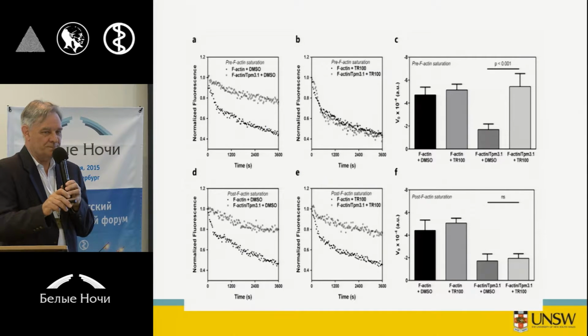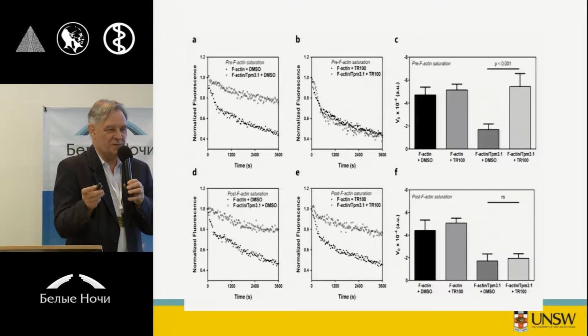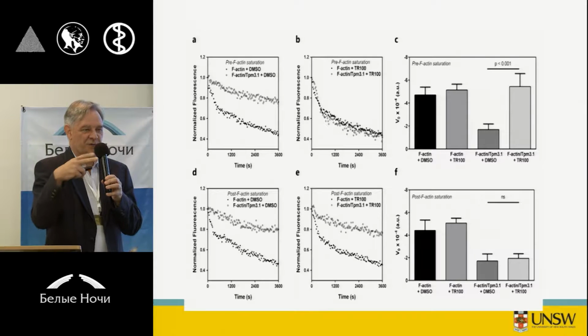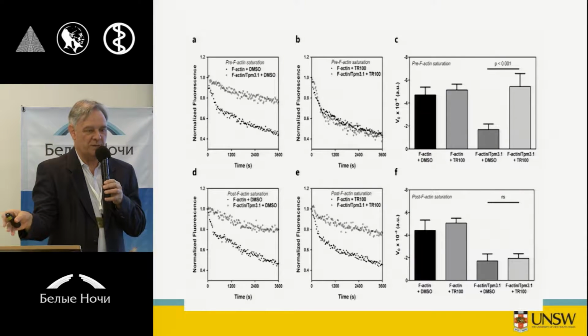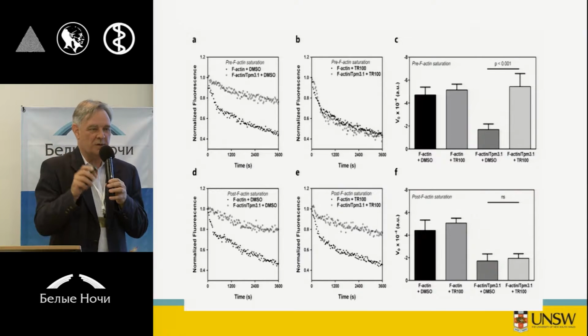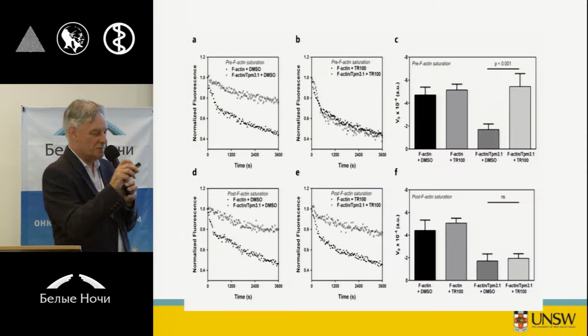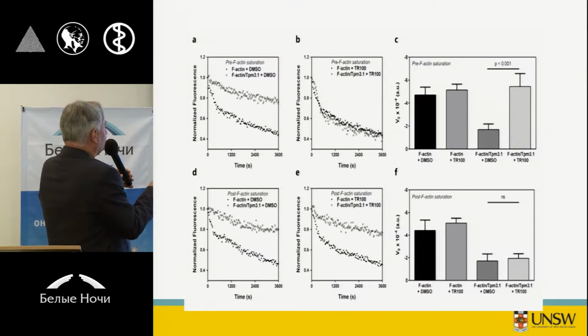How does it work? Well, I'm going to tell you the truth: we thought it would stop the N-terminus and the C-terminus from interacting, and we thought it would just destroy the ability of tropomyosin to bind to actin. That is not what happens, but it was an interesting thought. Okay. What we found, and we'll just start with this panel here.